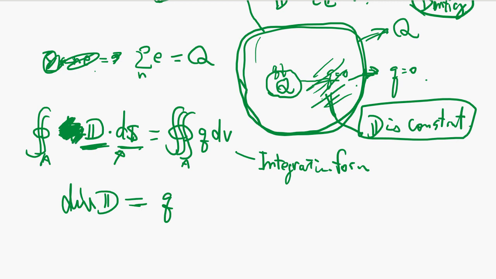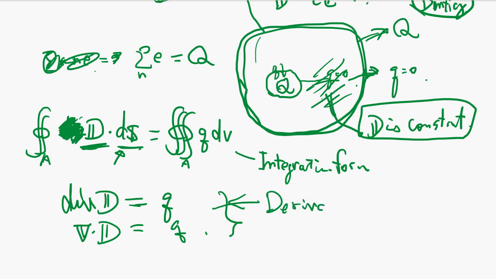Don't make a mistake, you don't need divergence. This is the same as, so this is what you often see as Gauss law. Okay, so this is the derivative form.